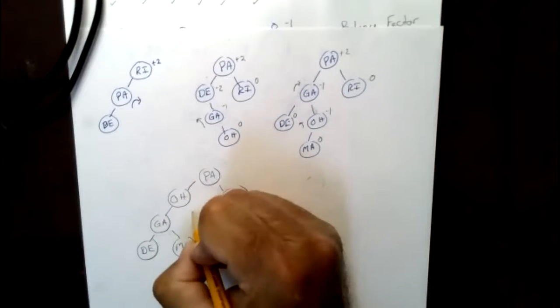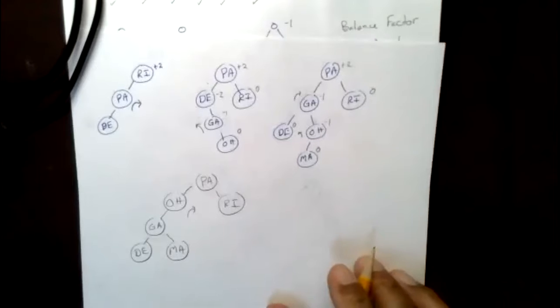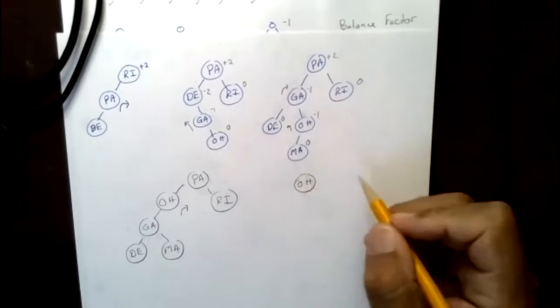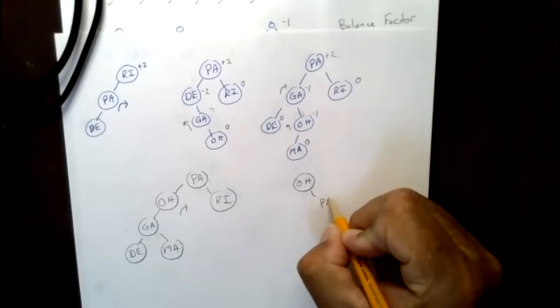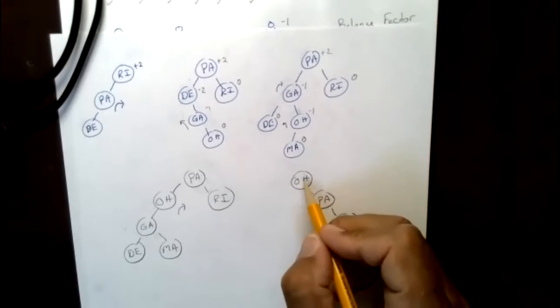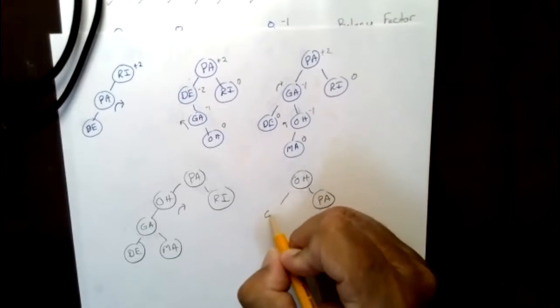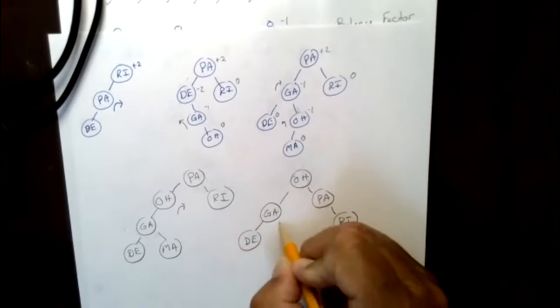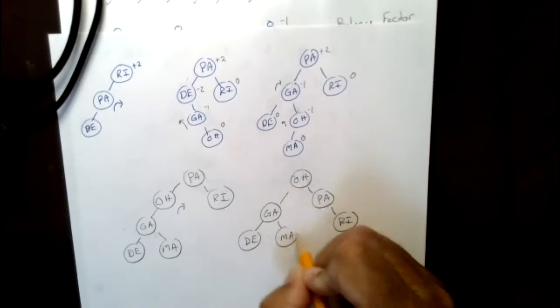And now I do that right rotation. Now I bring Ohio up. Oh, please work. PA goes here. Rhode Island goes here. To the left of Ohio is a Georgia here, a Delaware here, and a Massachusetts there.